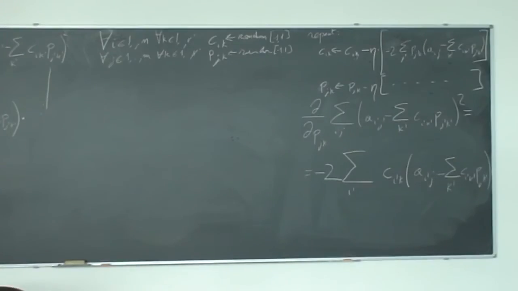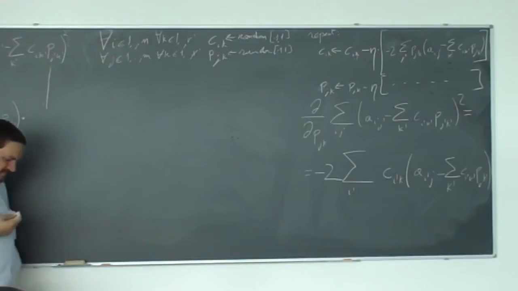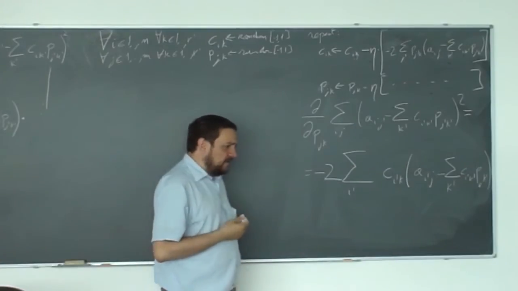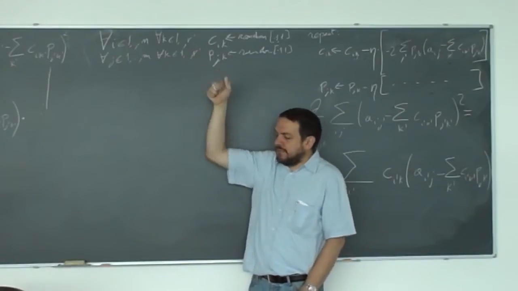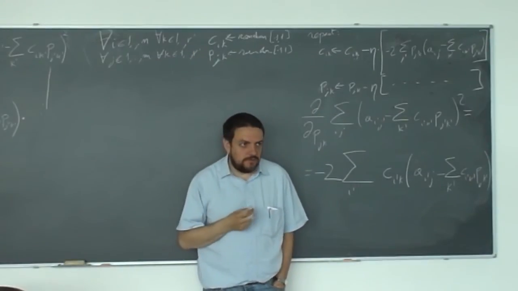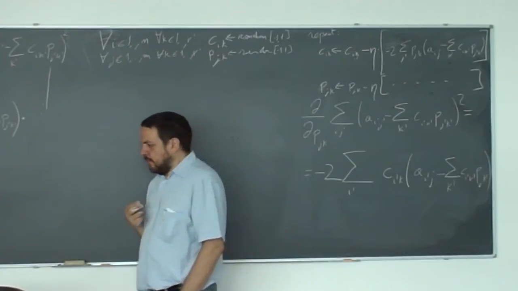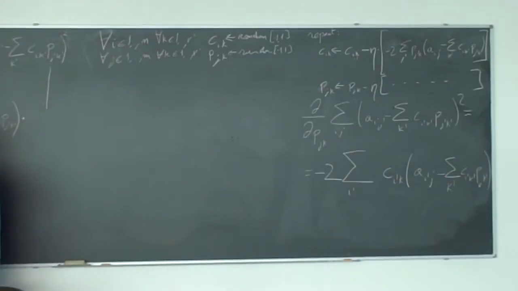Okay, the idea is the following. Rather than starting directly with this user and item model, we can make a much simpler model and start from it.